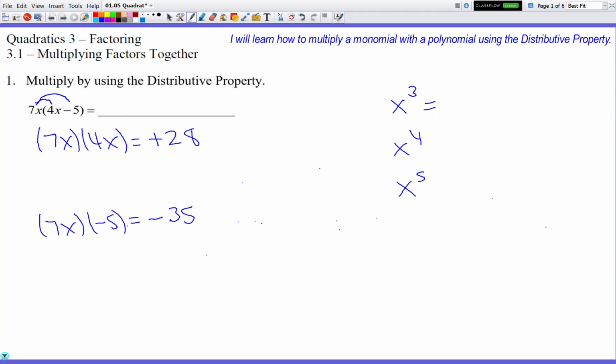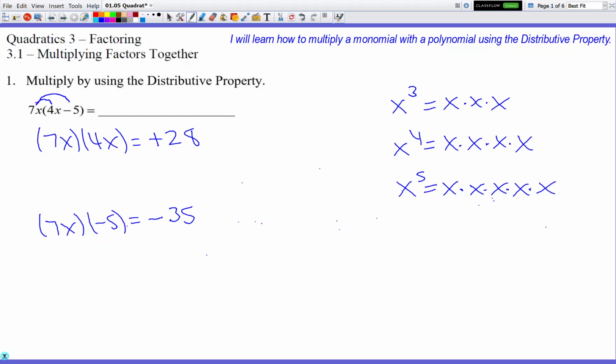So x to the third means x times x times x. X to the fourth means x times x times x times x. So 4 x's multiplied together, 3 x's multiplied together, and x to the fifth is 5 x's multiplied together. That's what the exponent does. It just tells you how many of that letter is being multiplied.